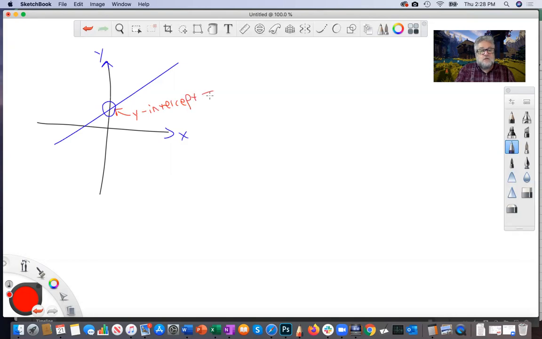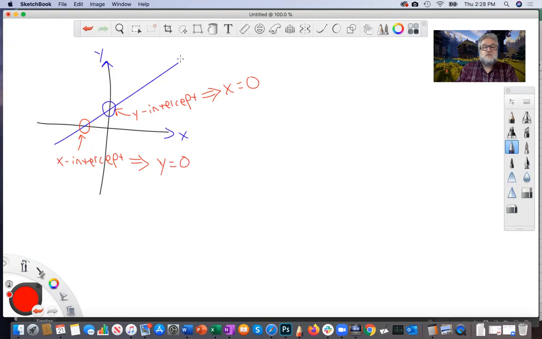At the y-intercept, it's very important to remember the x-coordinate is going to be 0. This one is called the x-intercept. And at the x-intercept, the y-coordinate is also going to be 0, like before. Whenever you're looking for an intercept, the other coordinate is always going to be 0, okay? So you want to keep that in mind.